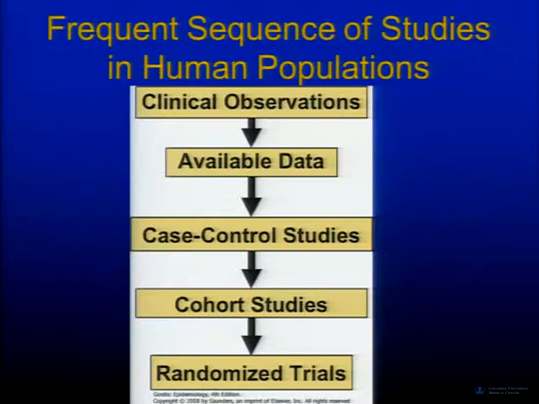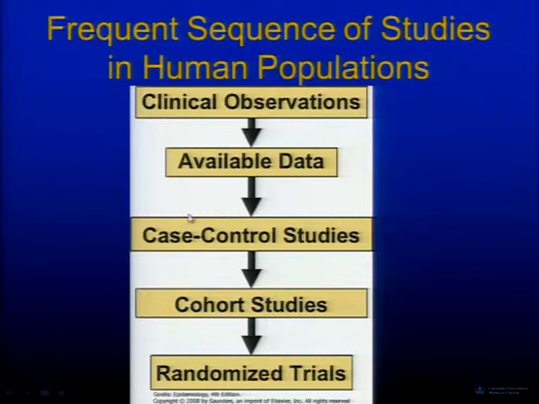Going from today forward in time, we talked last year about how clinical observations, say the surgeon that noted a lot of lung cancer cases happened to have been smokers in the past, can lead to looking at available data. What's the surveillance data? What can I see in my hospital? And some of the available data is what we're going to talk about today, cross-sectional and ecologic studies.